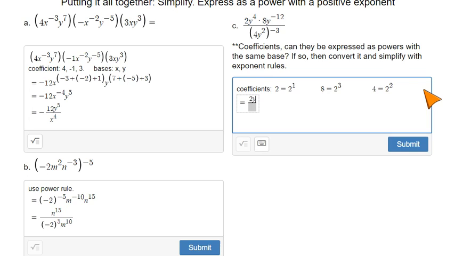2 y to the 4 times 2 to the 3 y to the power of negative 12, divided by 2 to the power of 2 y to the power of 2, all to the power of negative 3.